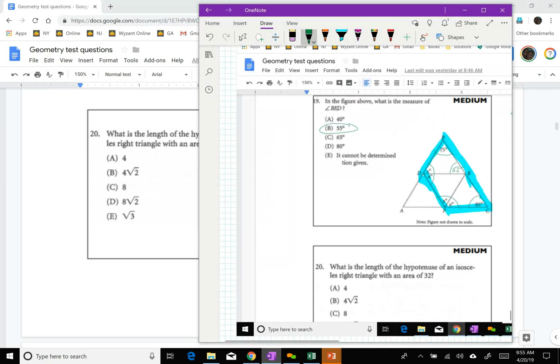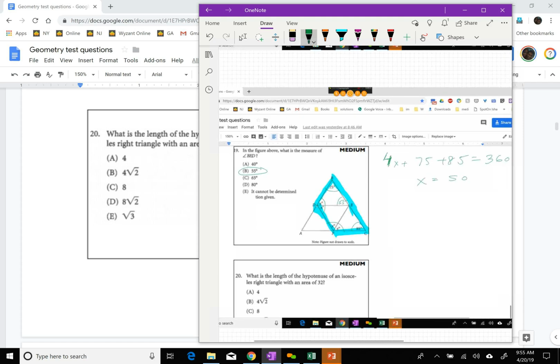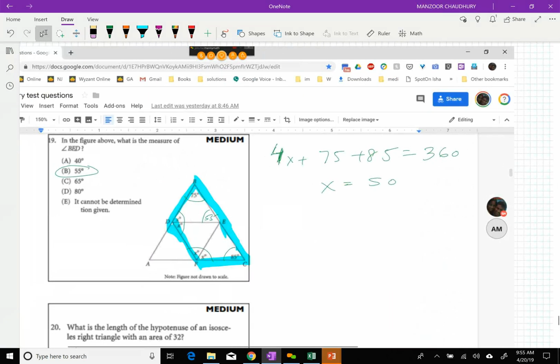Okay, so you solved for x, and then BED is... I see. Okay, we're good. Got it.